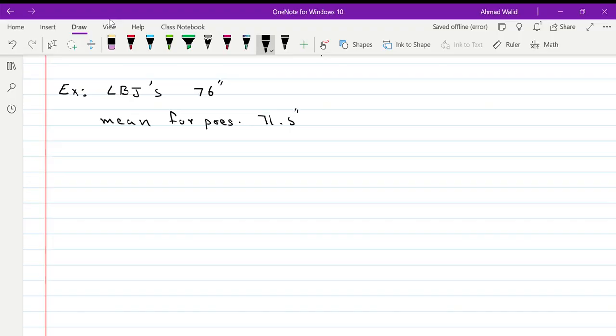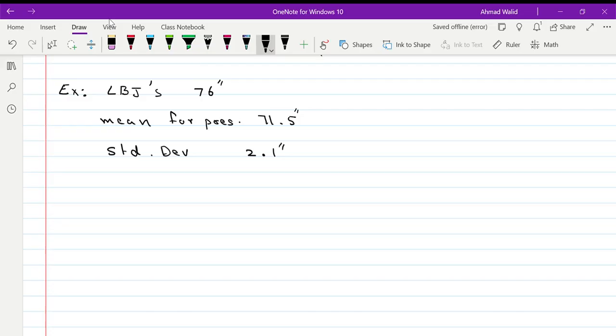All of them. It's calculated. The standard deviation is 2.1 inches. Correct? We are talking about all presidents of the United States.